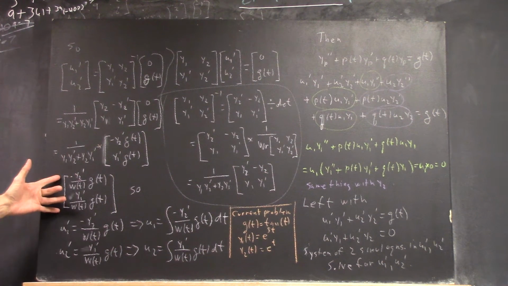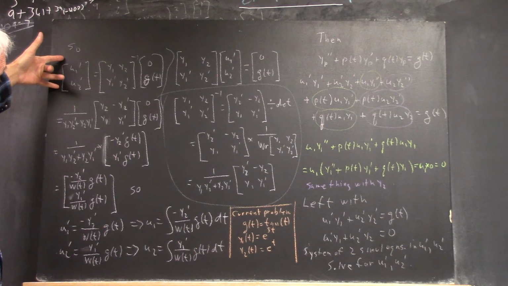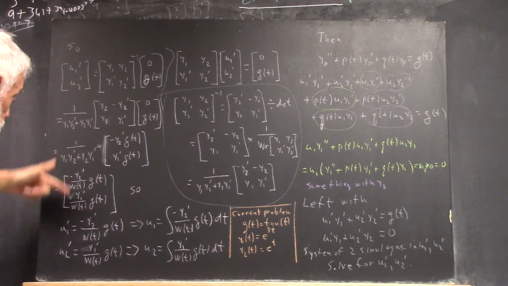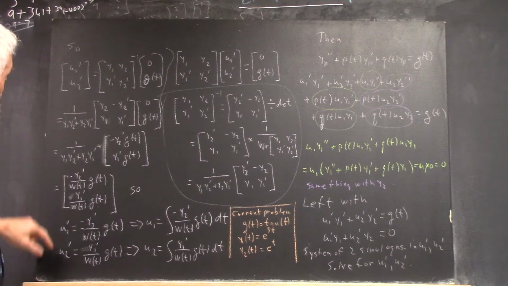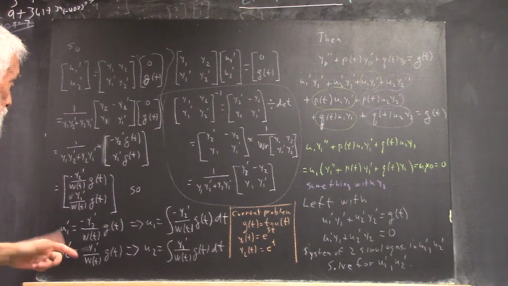So we have this, and that's equal to u1 prime, u2 prime. So u1 prime equals this, and u2 prime equals this.